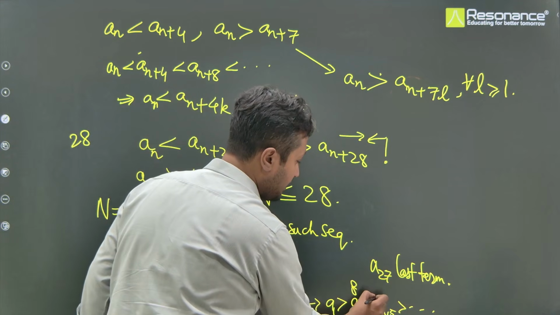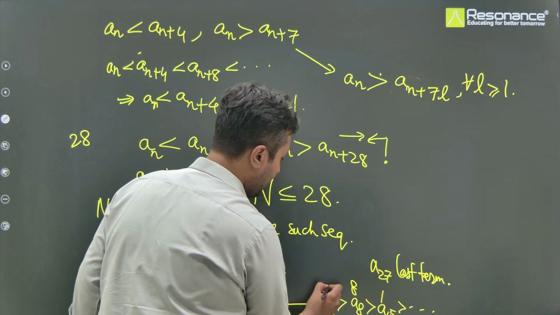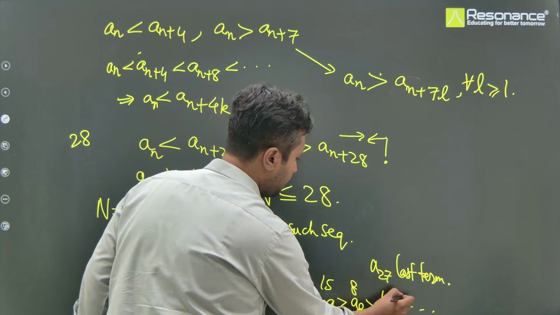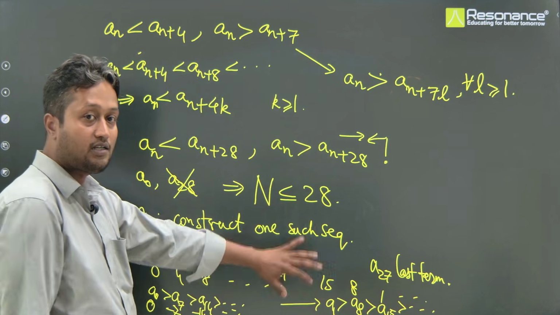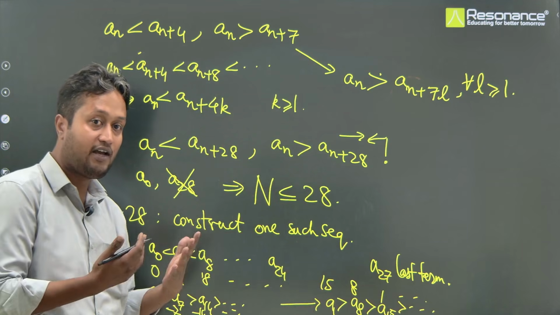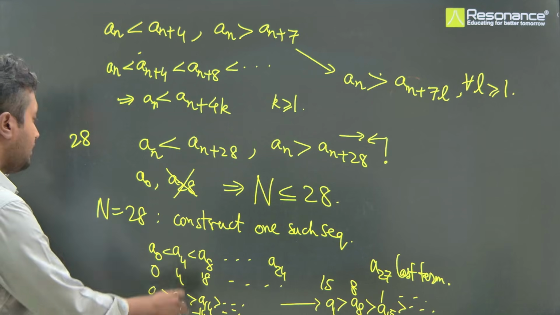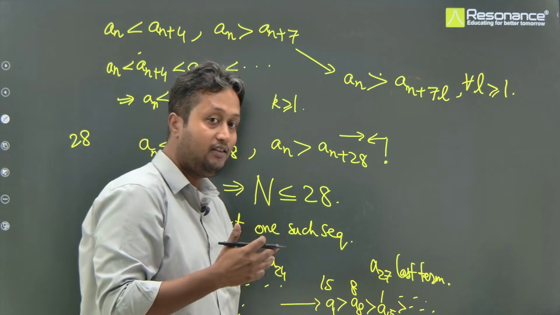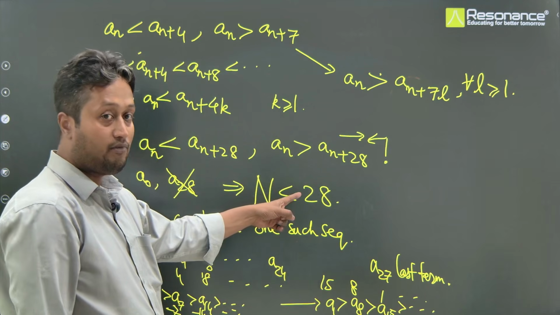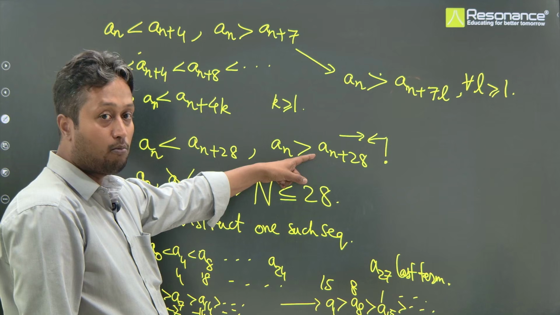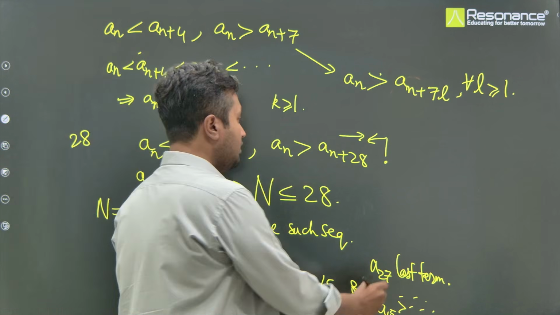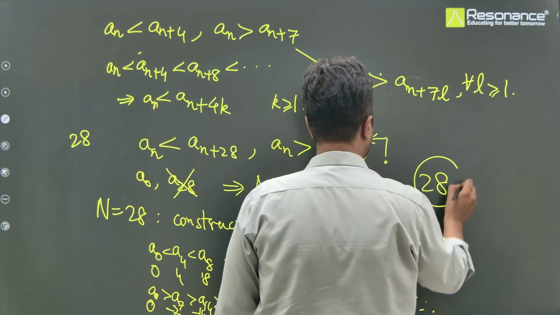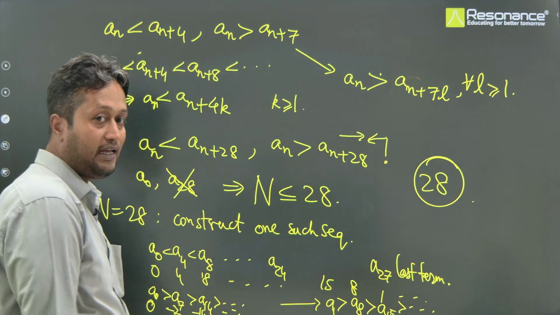Just keep subtracting 7 and you get 1 here, you keep adding 7 and so on. This way you can construct the sequence and verify that it satisfies the required property and has a length of 28. And we just realized that the length cannot be more than 28. Therefore, the maximum possible length of such sequences must be 28.